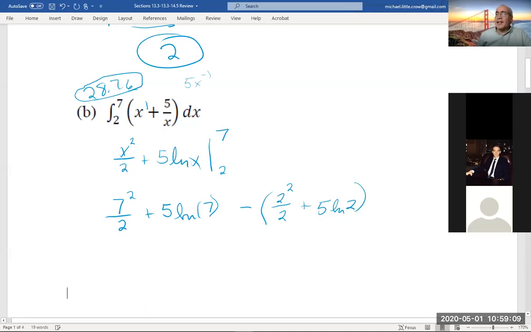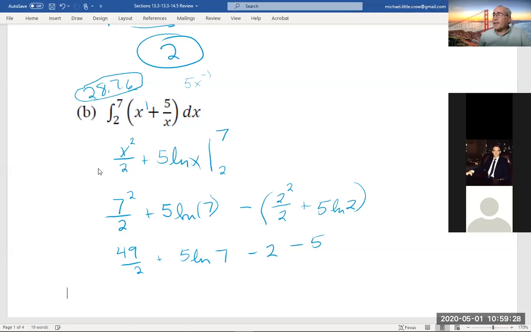Okay, so what we're going to get here is 49 over 2 plus 5 natural log of 7. And this negative is going to distribute. So this is 4 divided by 2, which is 2, minus 5 natural log of 2. 49 divided by 2 is going to be 24.5.